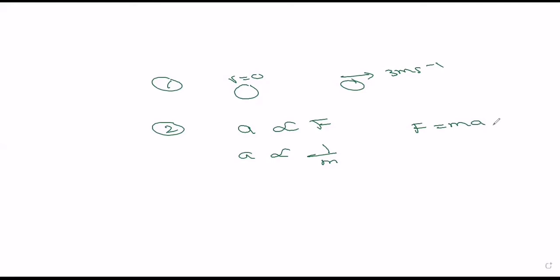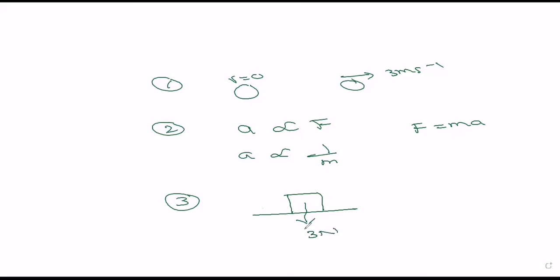And then the third law, children: for every action there is an equal and opposite reaction. Now think, there is an object on a table. This object gives a 3 Newton force in the downward direction to the table.